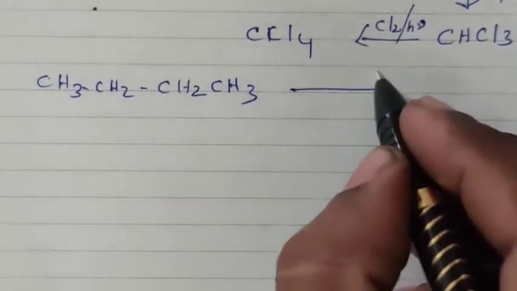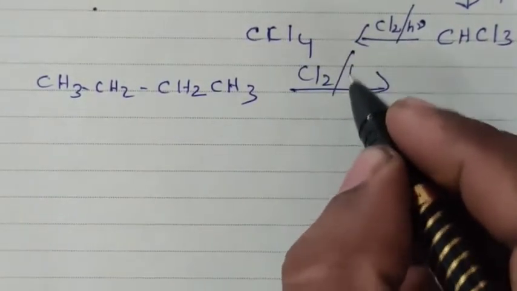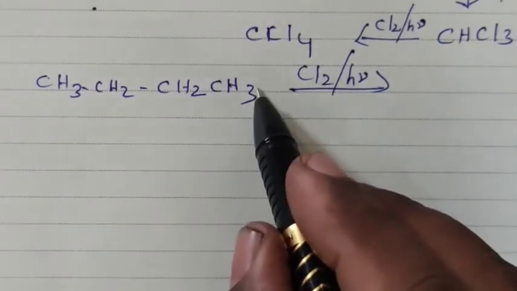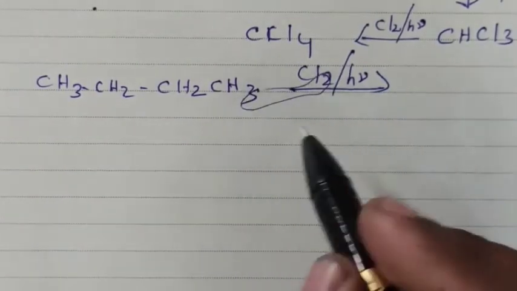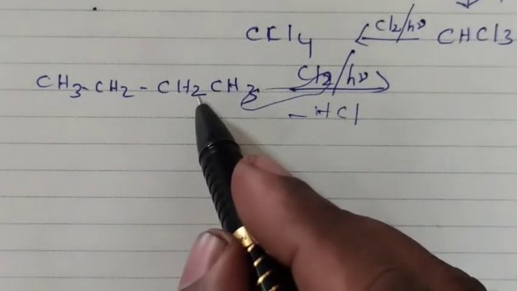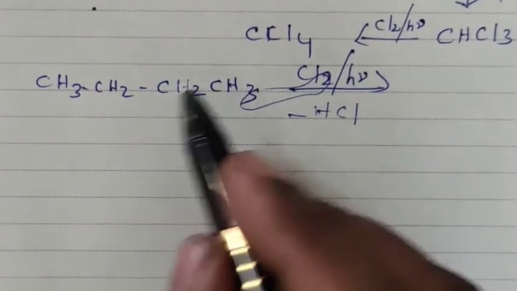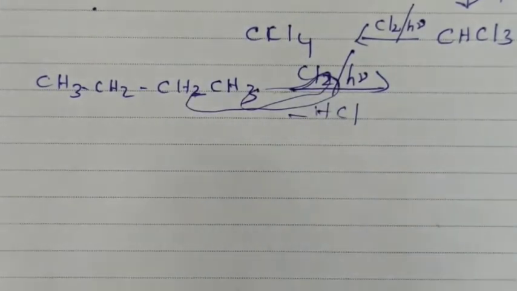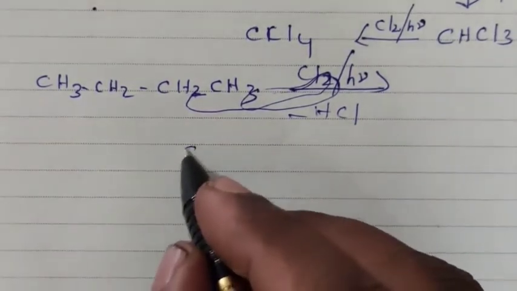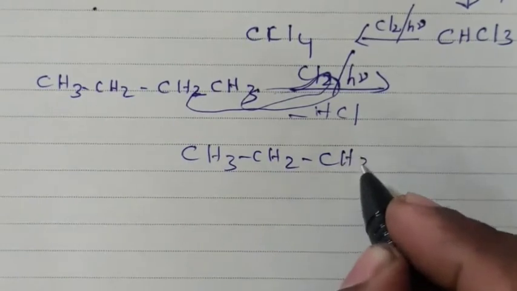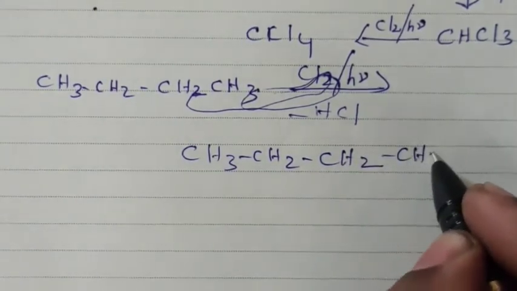When it is treated with chlorine in the presence of light, what happens is, one of the hydrogens from CH3 takes one Cl and is removed as HCl. Another hydrogen from the next carbon reacts with another Cl, forming another compound. That means we are getting CH3, CH2, CH2, CH2Cl.